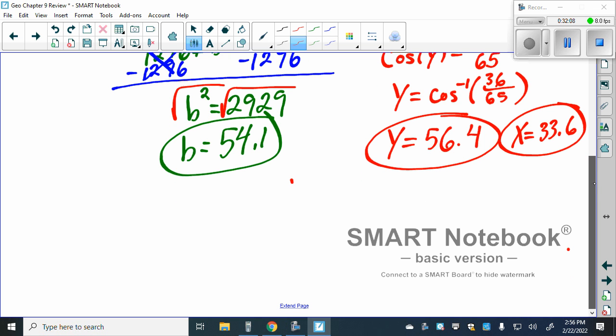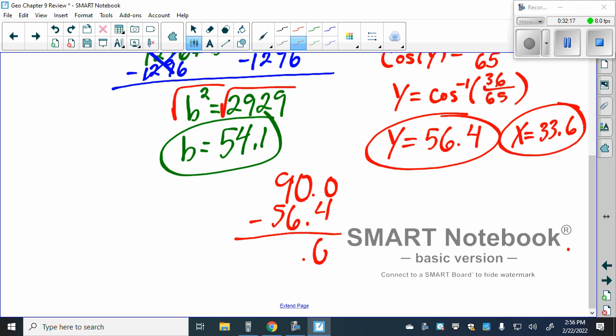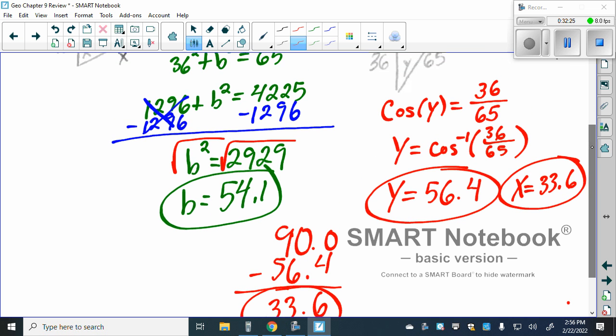So really, to get the other one, we're taking 90 minus 56.4. So I didn't write the cosine inverse on that one, but we would still be applying it to both sides to get to the answer.